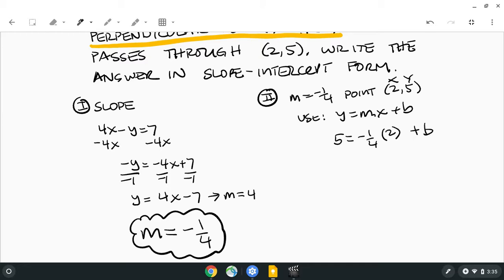Don't be afraid of the fractions. Reduce if you can. This is like 2/1. So 2 here cancels. So I get 5 equals -1/2 plus b. Okay. Solve for b. Add 1/2. So that's 5.5 equals b.